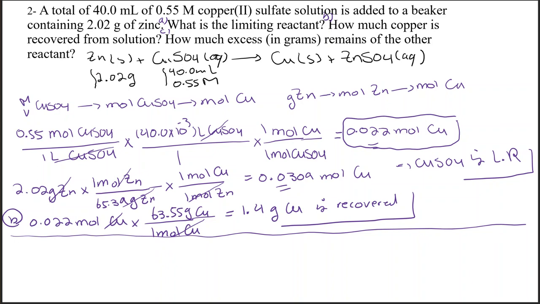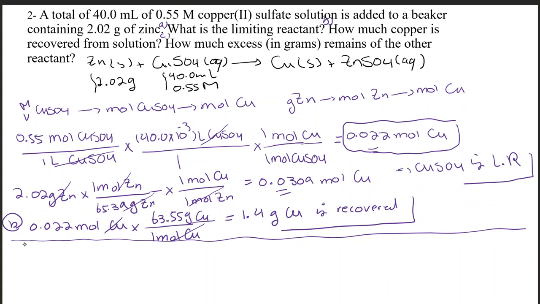So what I'm going to do here is a mole-to-mole ratio between copper(II) sulfate and zinc and see how much zinc I need for 40 milliliters of 0.55 molar copper(II) sulfate solution.